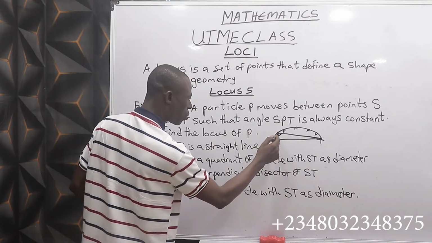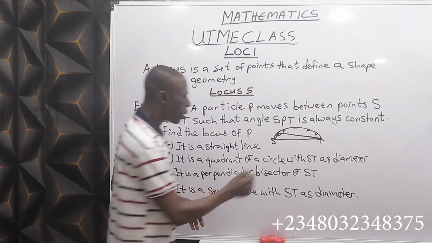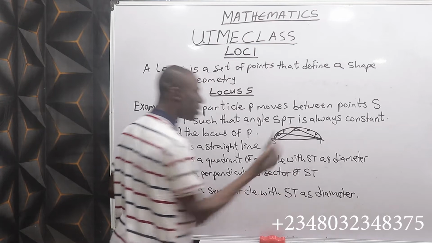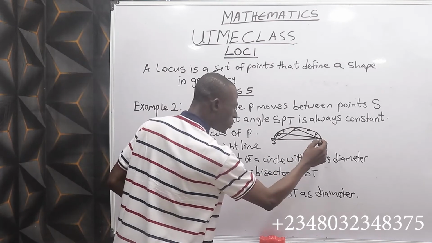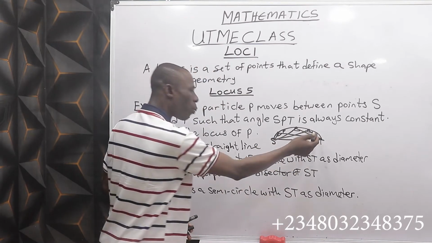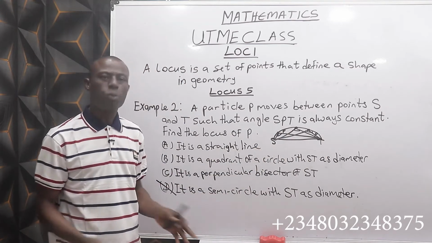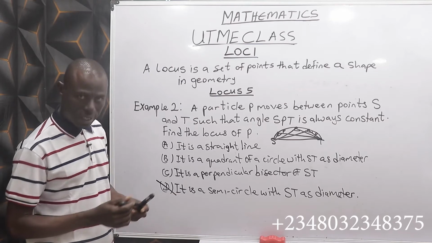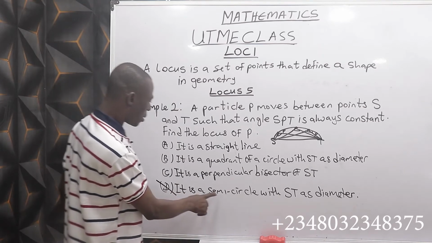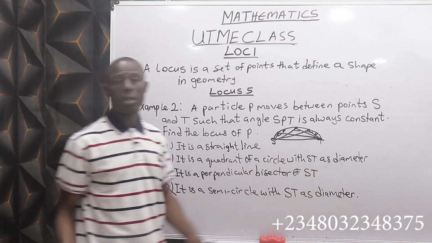This angle is 90 degrees, an angle in a semicircle, circle geometry. If you take another point, this angle is 90 degrees. Anywhere along the arc of the semicircle there, angle SPT will be constant. That is the same, 90 degrees everywhere there. And that is a semicircle with ST as diameter. This ST is the diameter, and that is the answer.